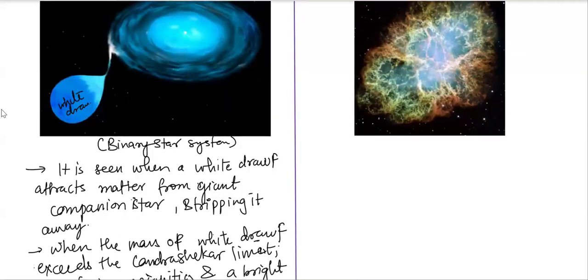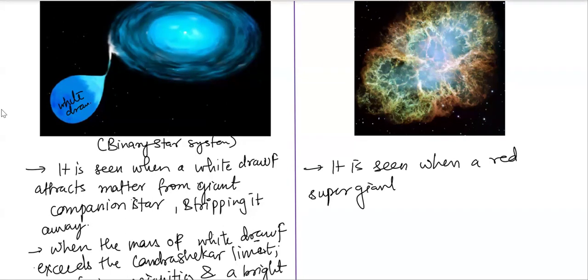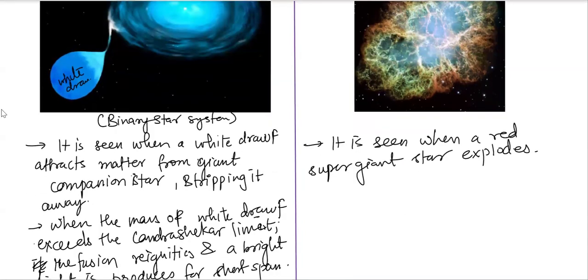Now, the normal type 2 supernova is seen when a red supergiant star explodes. Okay. So when the red supergiant star explodes, you will get a type 2 supernova. Now, what's the distinction?